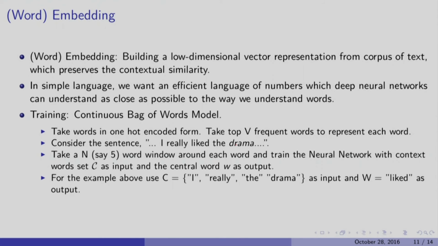So what you do is take words in one hot encoded form. For example, the top V frequent words are used to represent each word, and then you take a word window around each word to train the neural network with context words C set as input and the central word W as output.